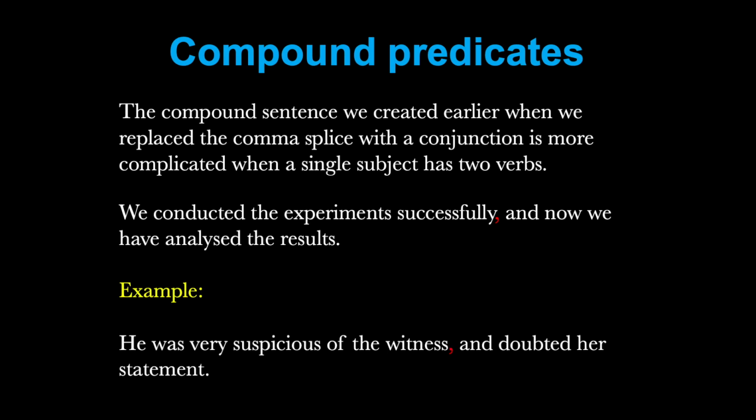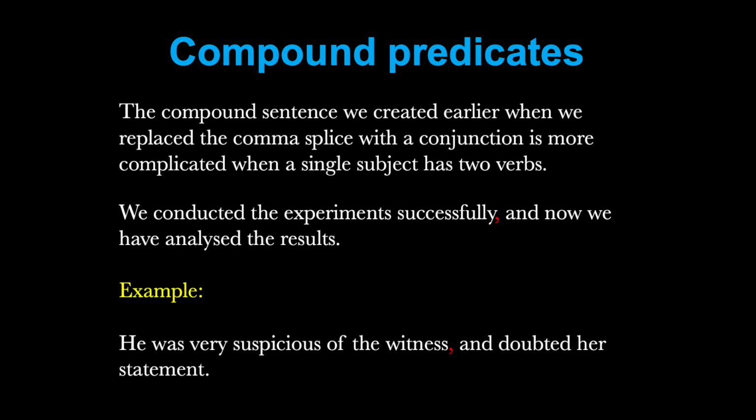But look at this example. He was very suspicious of the witness, and doubted her statement. This time, the whole sentence only has one subject, he. But we've got two verbs associated with that subject, one on either side of the conjunction. Was very suspicious and doubted her statement.